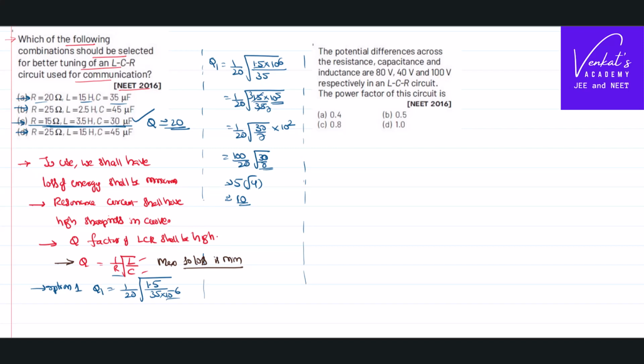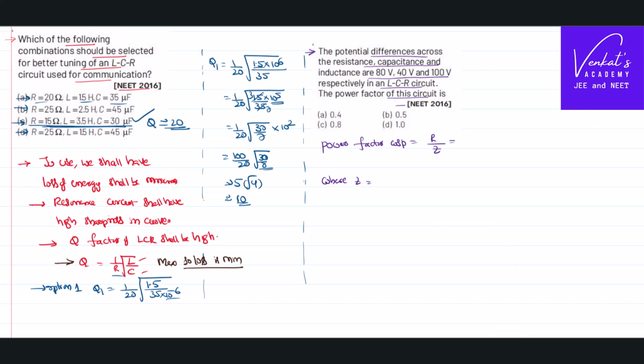That is one problem. Let us solve the other problem given in NEET 2016. It says the potential differences across the resistor, capacitor and inductor are 80, 40 and 100 in an LCR circuit. What is the power factor? As we have discussed even in the previous problems, the power factor cos phi can be found using resistance by impedance Z. As they are all in series in an LCR circuit, current is the same.